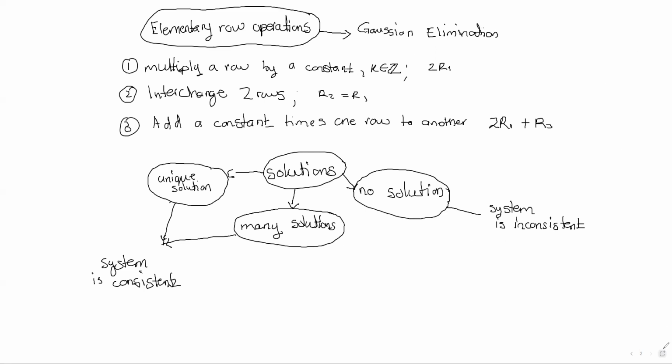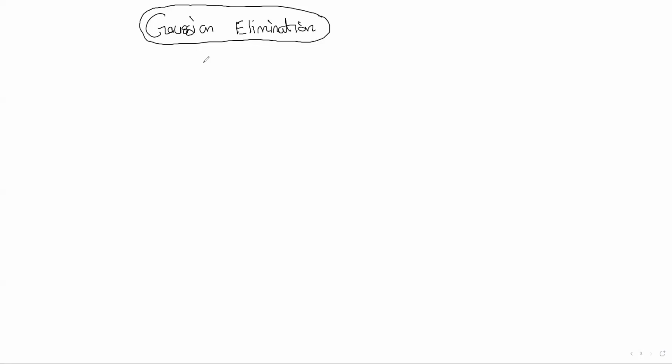Then let's just see what this Gaussian elimination is. Gaussian elimination is just a method that says, okay, look, you have a system of equations, you have created a matrix. So this is how you're gonna solve.